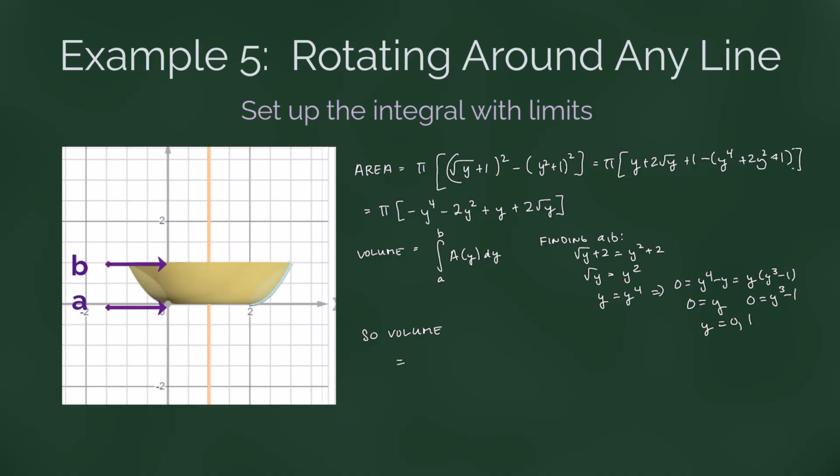So now we know that our volume is going to be the integral from 0 to 1 of our area function, which is pi times the quantity negative y to the 4th minus 2y squared plus y plus 2 square roots of y dy.